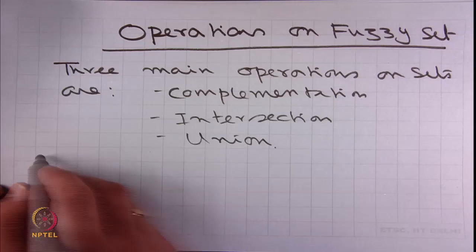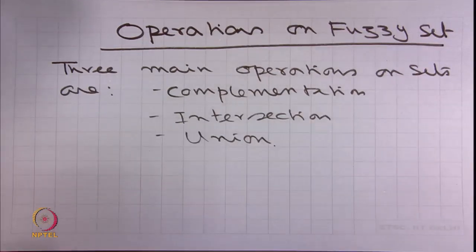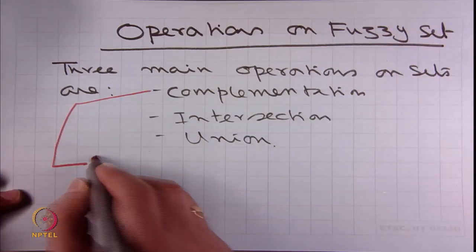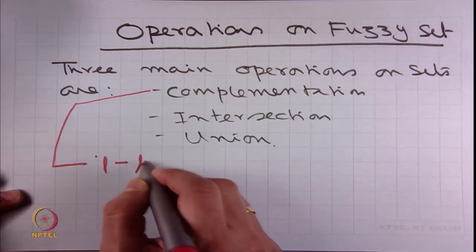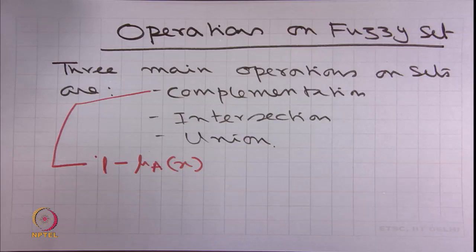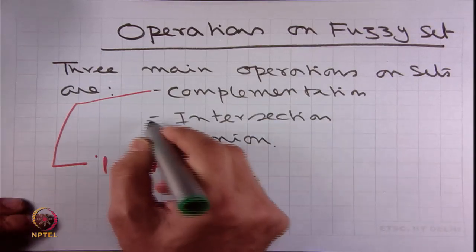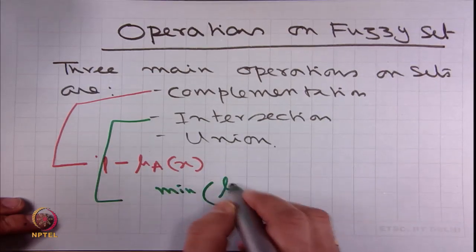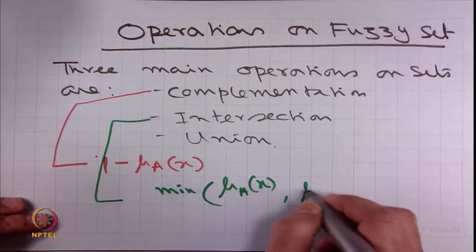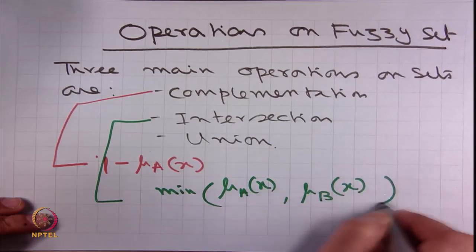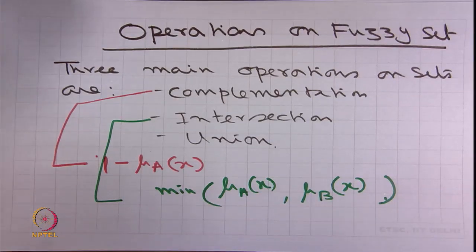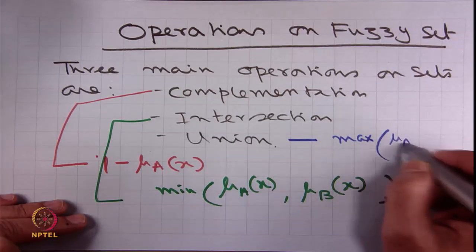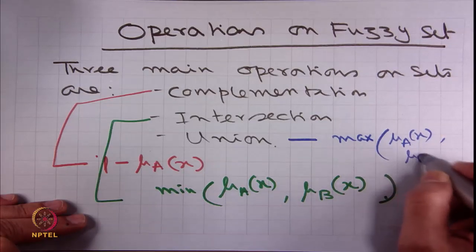For example, complementation we have done as 1 minus mu a of x, intersection we have done using the minimum of mu a of x and mu b of x, and union we have done using the maximum of mu a of x and mu b of x.